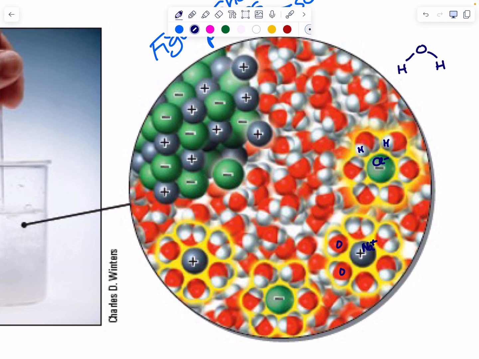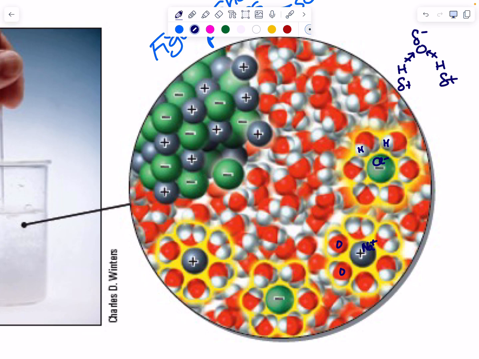If you remember, oxygen is much more electronegative than the hydrogens. So these bonds are going to be polarized, and there we have these little bond dipoles pointing towards the oxygen. So the oxygen is going to have a partial negative charge, and the hydrogens are going to have partial positive charges.